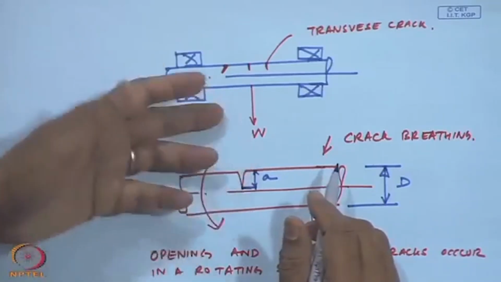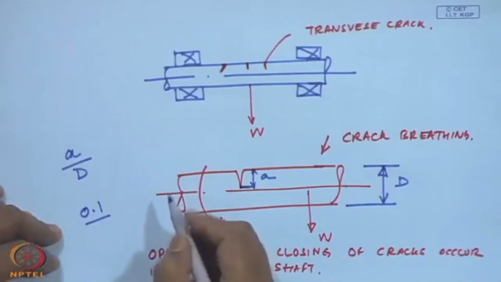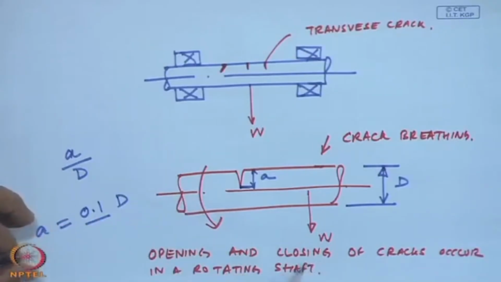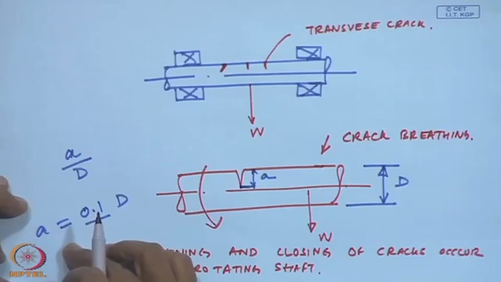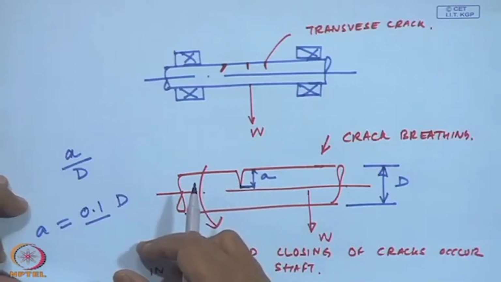I mean, no system would go till even 0.5, because the structure would have become so weak, it would have failed. Usually 0.1, about 10% of the d, is the limit, beyond which we cannot have any structure sustain loads.